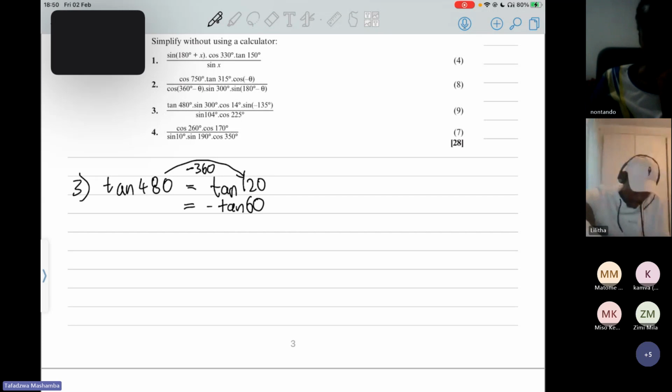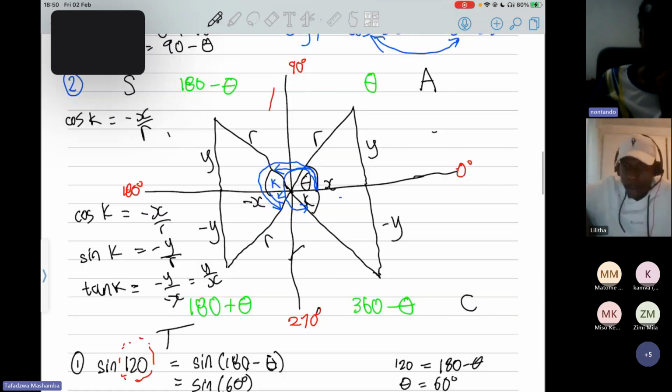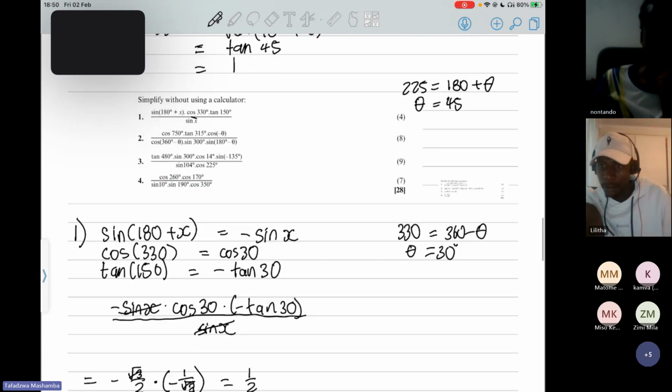Then from here, how do I get to sine of 300? Where am I in the quadrants? It's less than 360, so I'm fine. But can you see it's within the fourth quadrant, where only cos is positive.